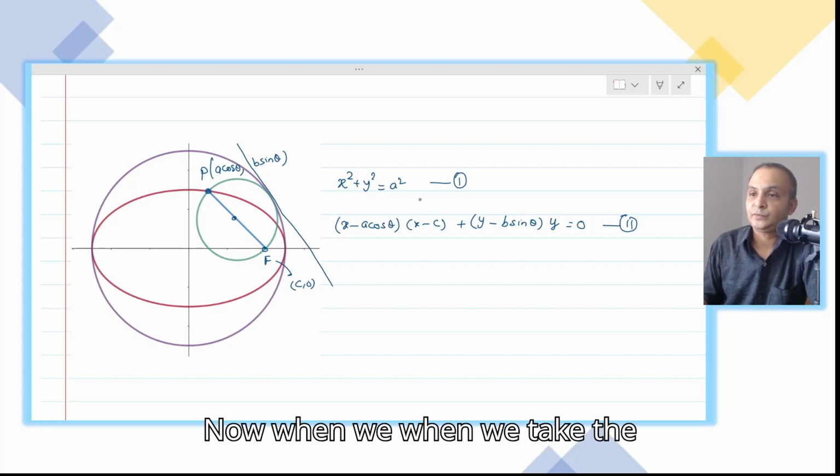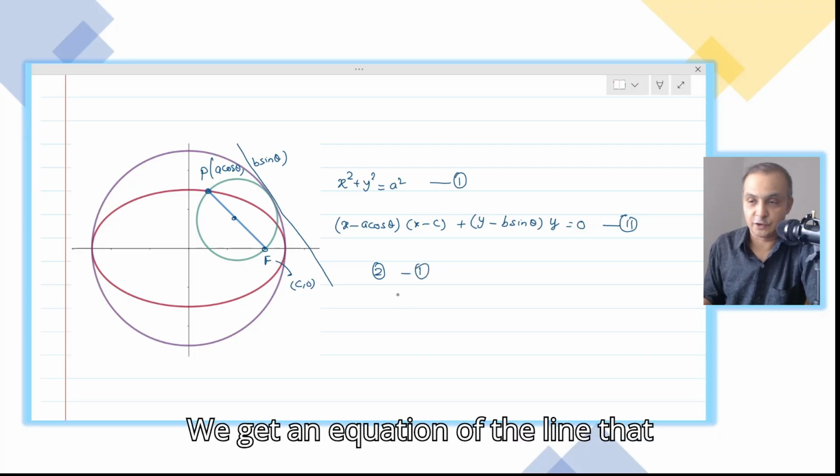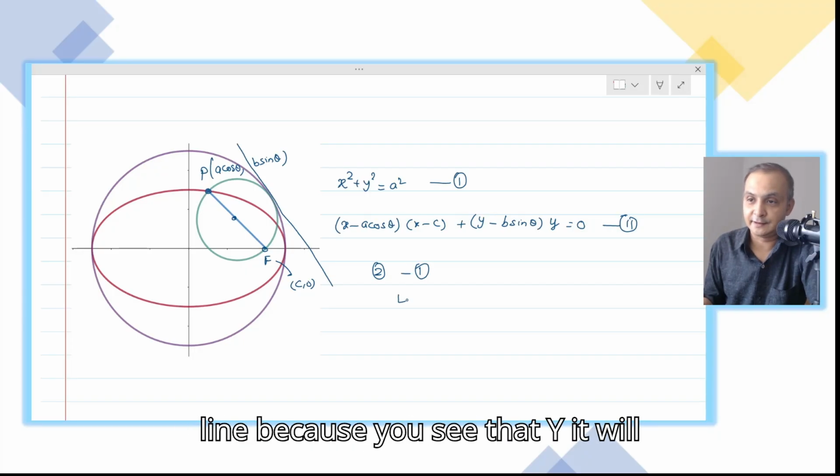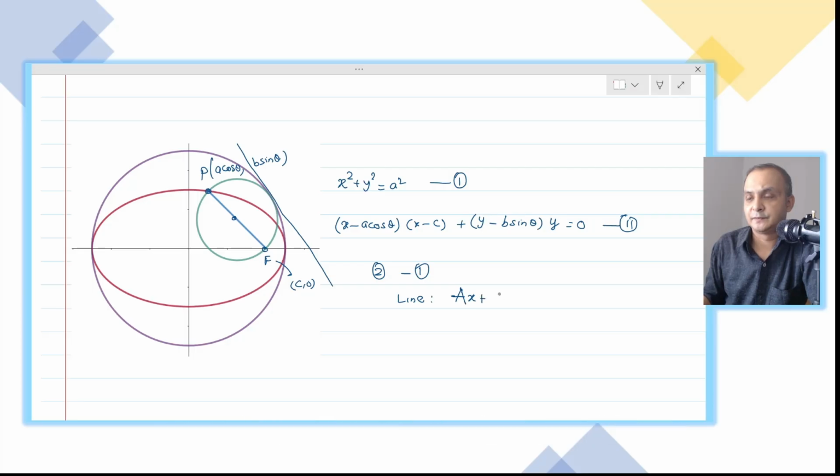Now when we take the difference of these two, let's say 2 minus 1, we get an equation of a line. That line will come in this form, ax plus by plus c, let us say.